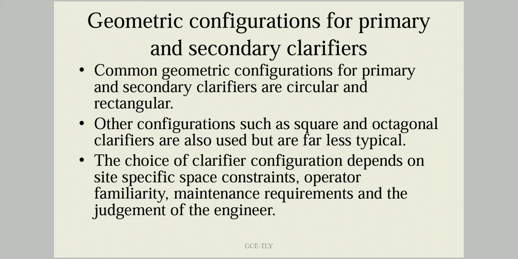The choice of clarifier configuration depends on the site, where there are space constraints or operator familiarity. It depends on the site where we are going to propose this treatment plant. And based on maintenance and personnel available, we choose the type of configuration.